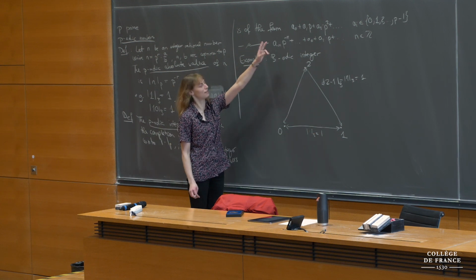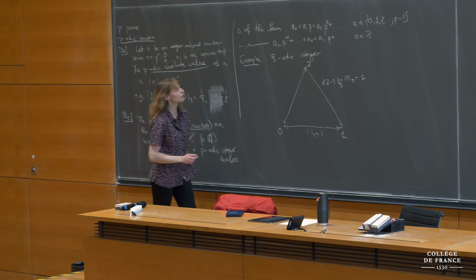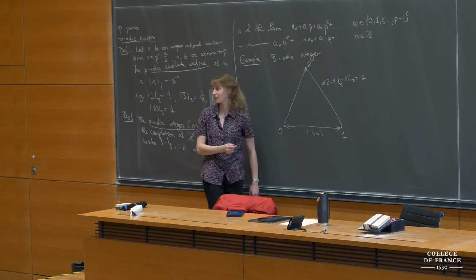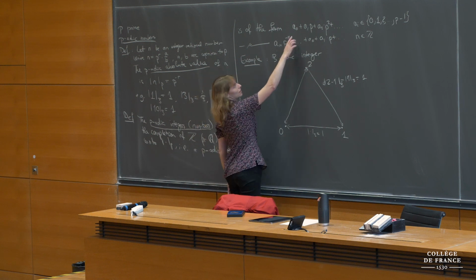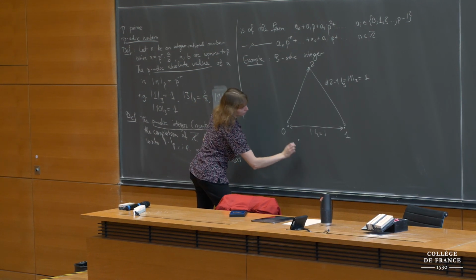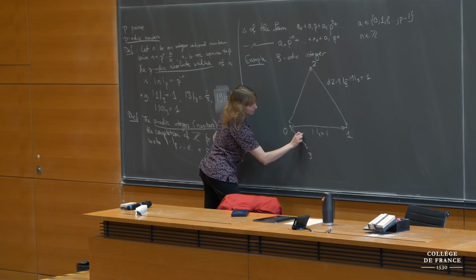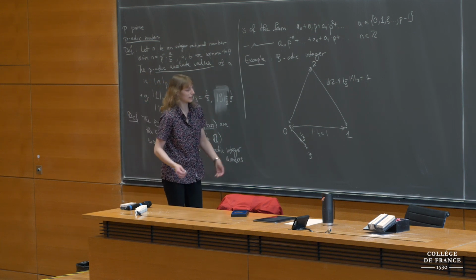And now if I keep going, the next integer after 2 is 3. What is 3? 3 is 0 plus 1 times 3. And the distance to 0 is 1/3. So where is it? It's roughly here. The distance here is 1/3 because the difference is divisible once by 3. And then the next integer is 4.